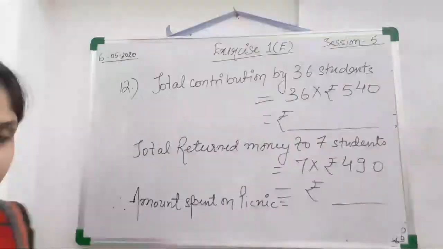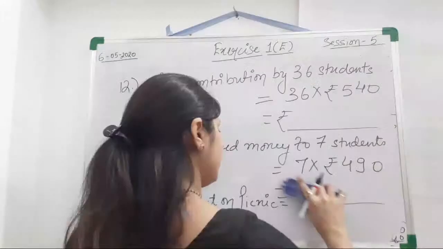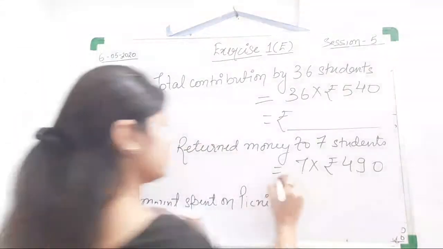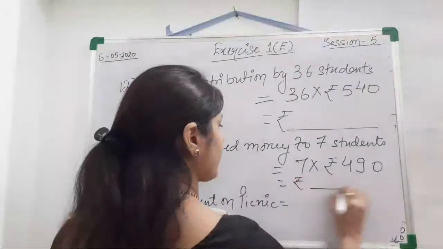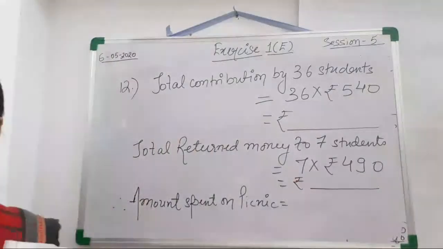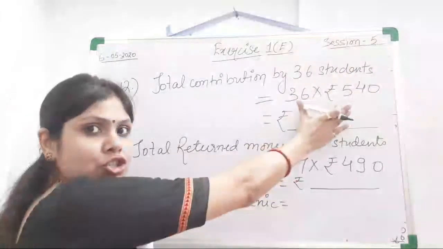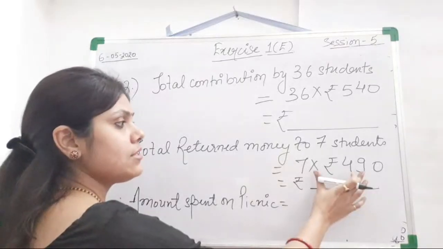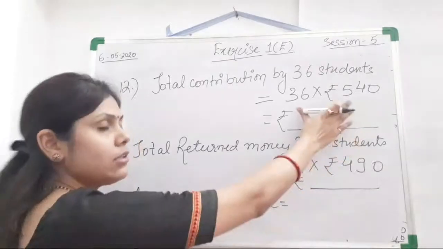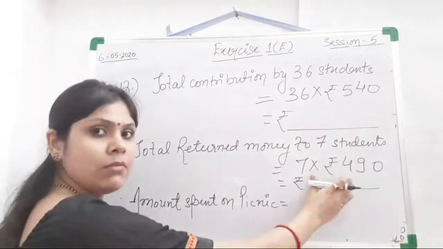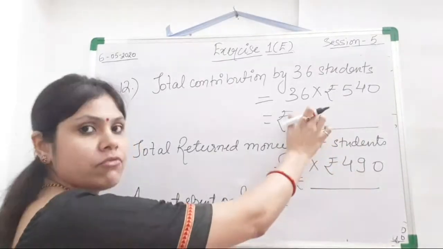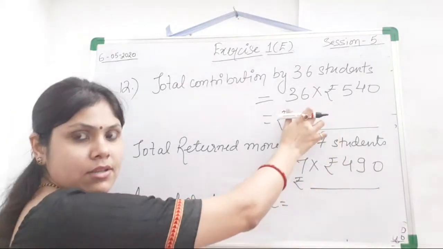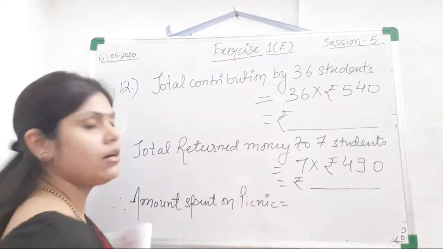That will be whatever amount you get here minus this. Definitely this will come larger and this will come smaller, so we will subtract this from this. Okay, so you will get the answer.